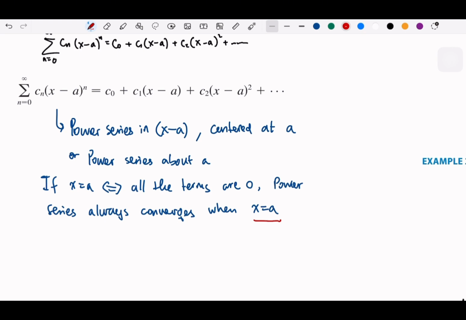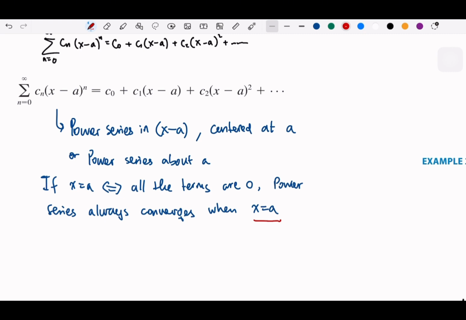So between these terms they have the same ratio. So it makes sense to test the convergence through the ratio test: we take the next term over the previous term, a n plus 1 over a n.